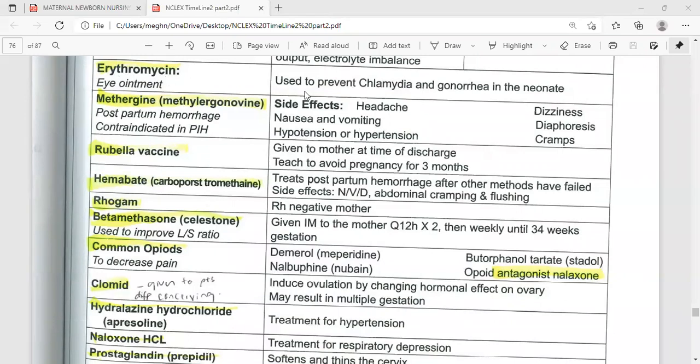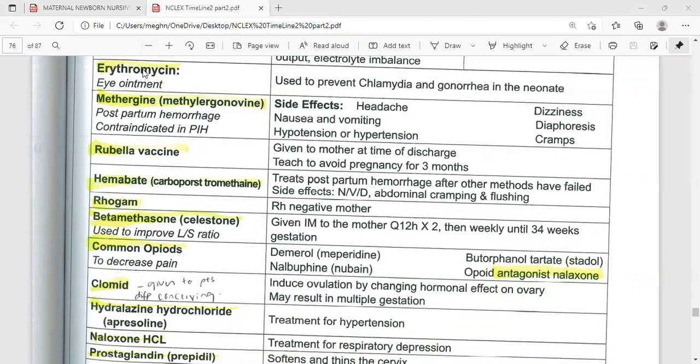Erythromycin is used to prevent chlamydia and gonorrhea in the newborn. So we are talking about this medication in the list of medications used in maternity and newborn care.